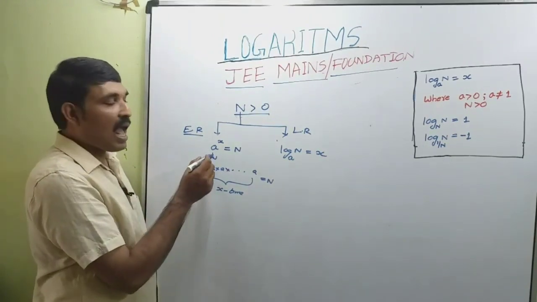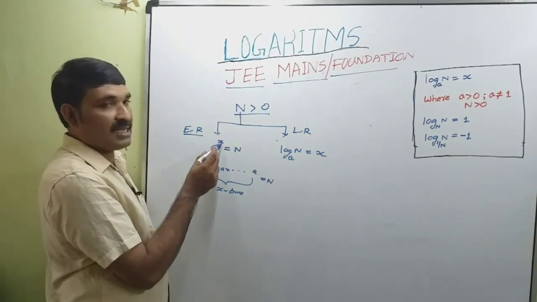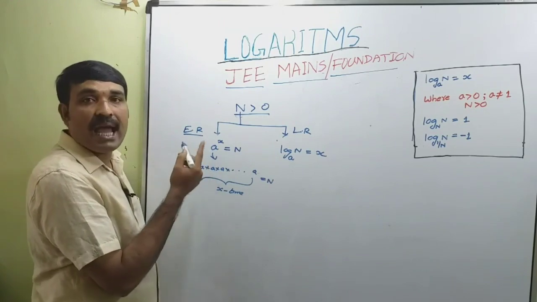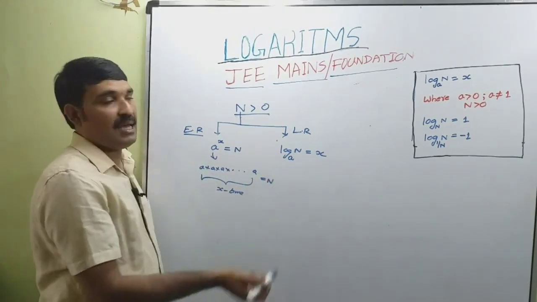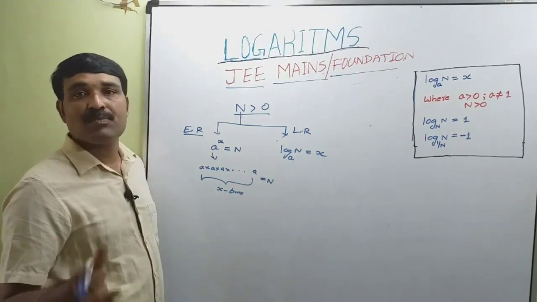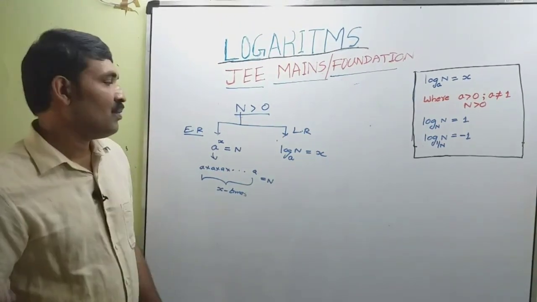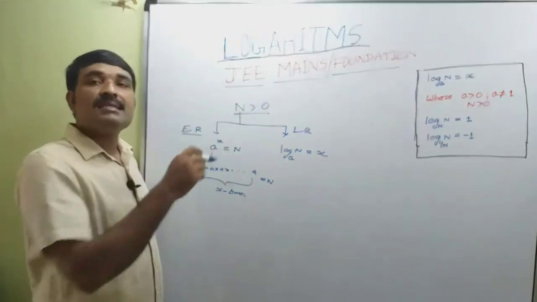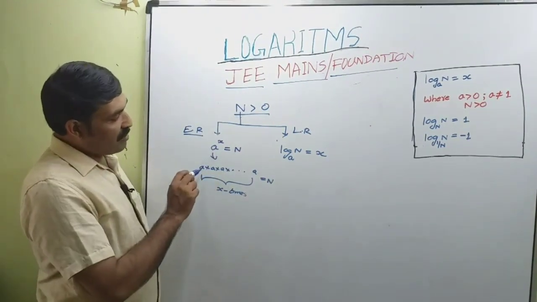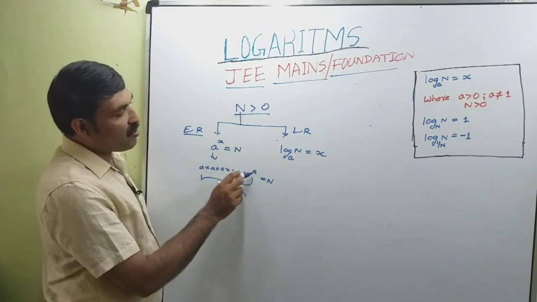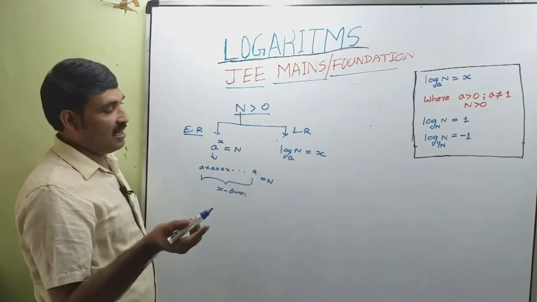This is also called anti-log of x to the base a, and this is called log of n to the base a, that is equal to the exponent. Now, n is greater than 0. So for this, we multiply a x number of times, and we will get n.